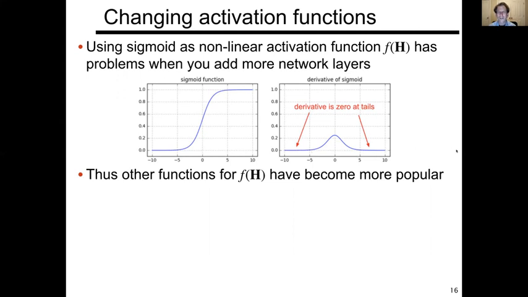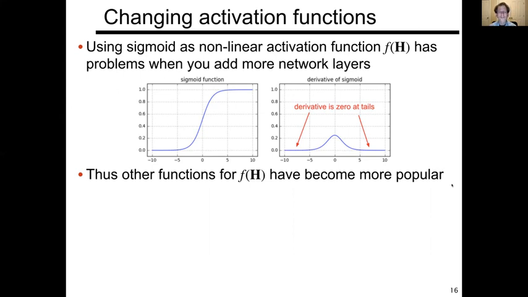That becomes very difficult once you get more and more layers, because these small derivatives multiply back through. You saw that in the backpropagation example: many derivatives get multiplied together as you go farther and farther back from the output.